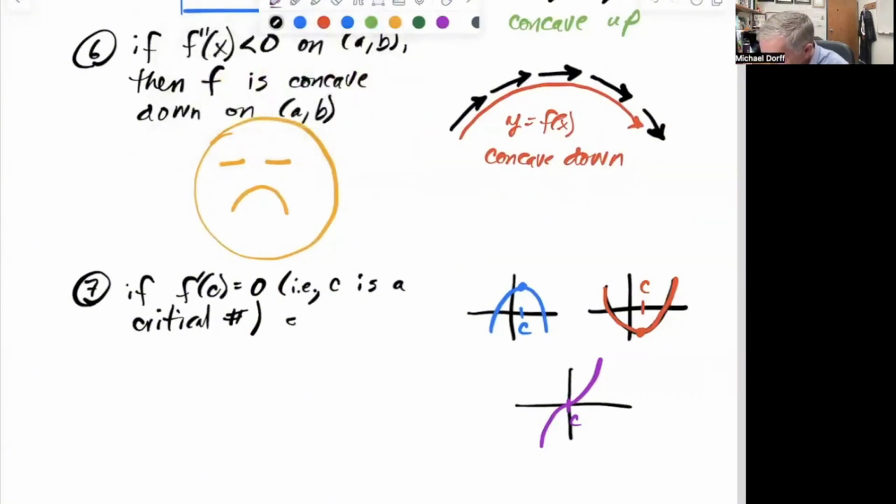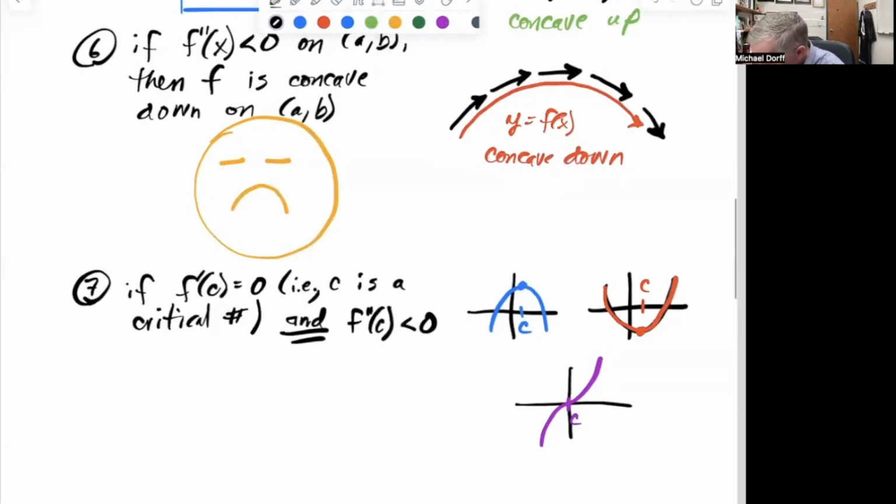But if I combine that with the fact that the second derivative at C is less than 0, what do I get? Let me emphasize that that's a second derivative here. I have a critical number, so the first derivative at C equals 0, and the second derivative at C is less than 0. What do I know?